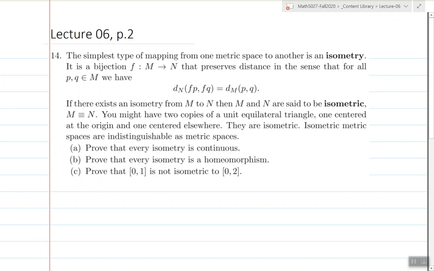But one thing you can say is if there's an isometry between two metric spaces, then, a mouthful of a thing to say, they are isometrically isomorphic, meaning they are isometric and homeomorphic to each other. So usually we'll just say isometric, though, for short.